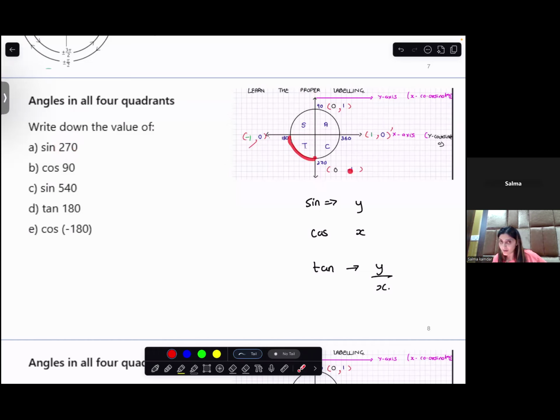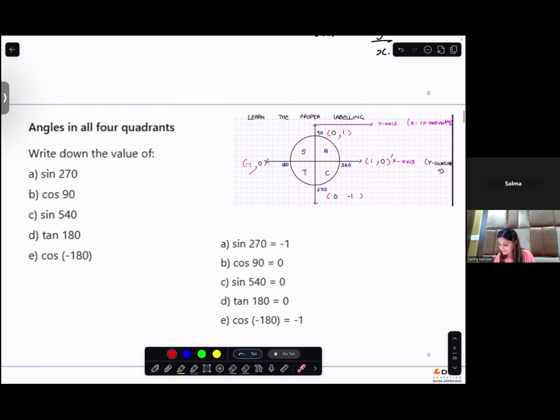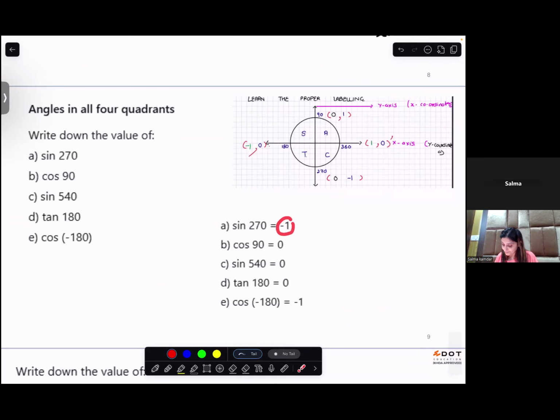Sine is the y coordinate, so sine 270 is going to be minus 1. Cos 90, cos is the x coordinate, it lies over here. All angles are positive over here, so cos 90 is going to be 0. Sine 270 is going to be minus 1.